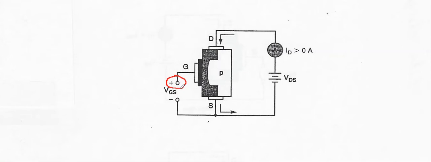So for an N-channel E-MOSFET, you would use positive gate voltage to control drain current. And again, it can only enhance or create the channel or widen the channel. There's no way to narrow the channel. 0 volts shuts the channel down completely as it is.